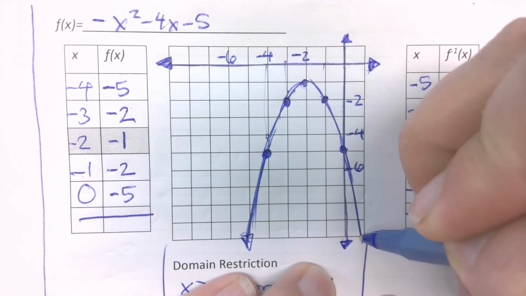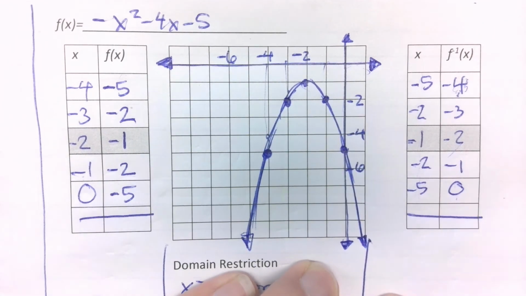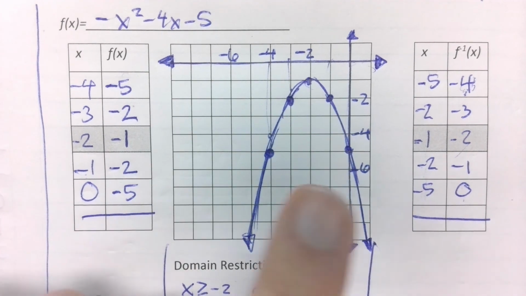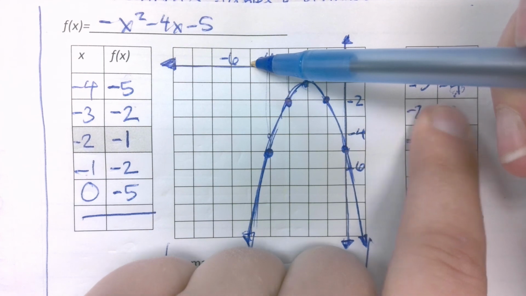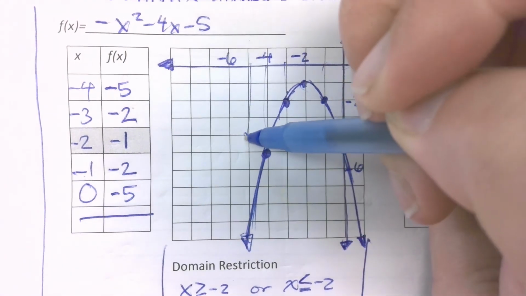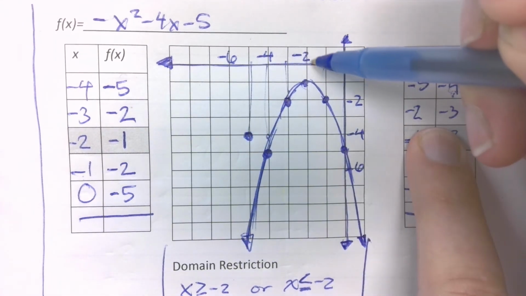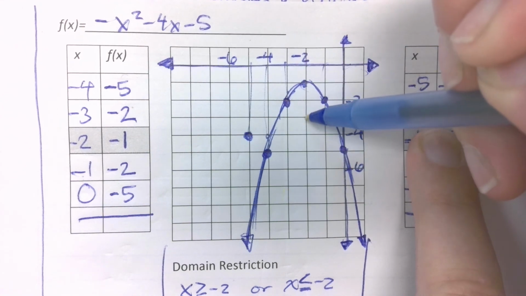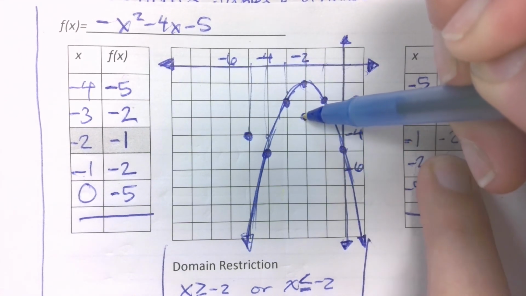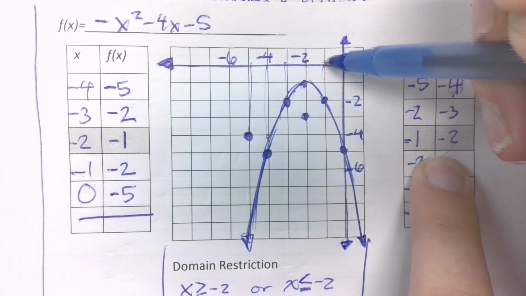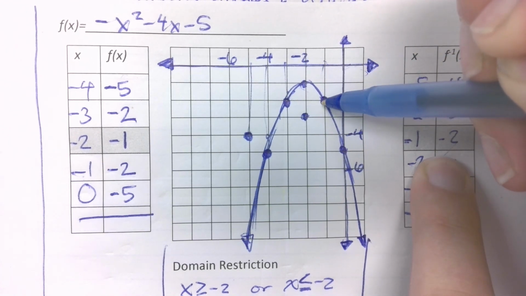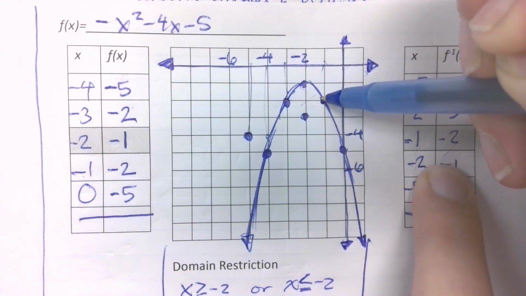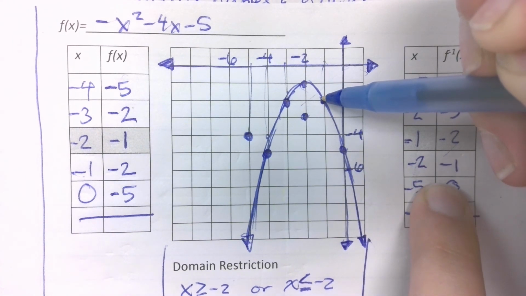This one was my original one. Gonna graph this guy. Left 5, down 4. Left 2, down 3. Left 1, down 2. Okay. Left 2, down 1.